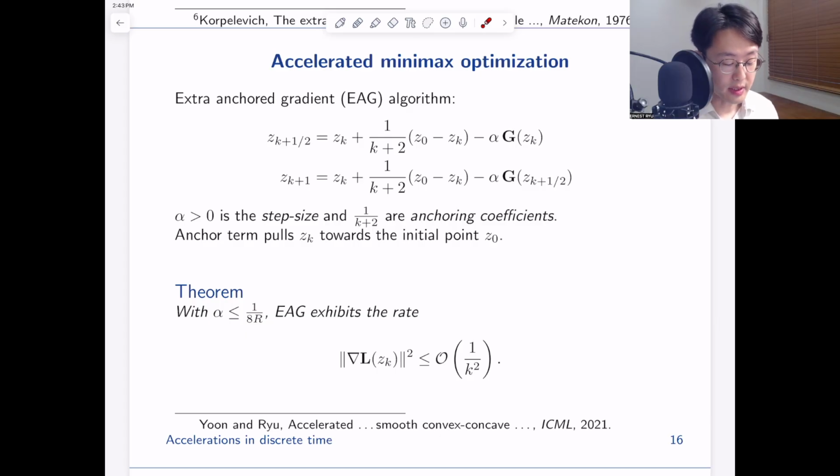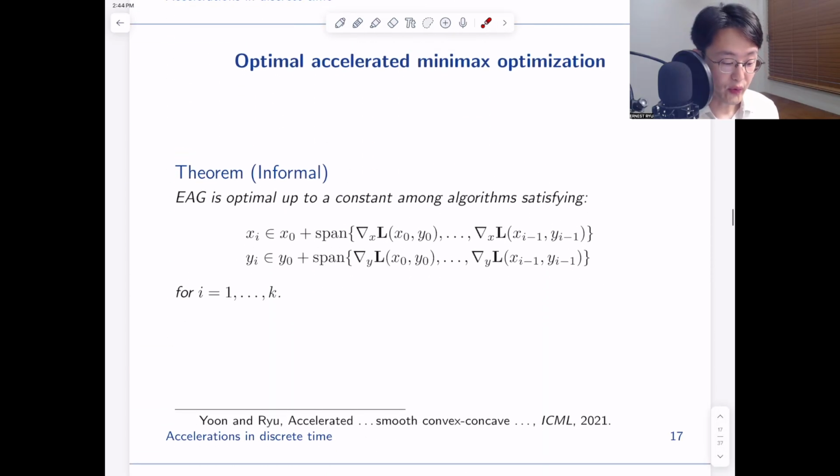So this is an accelerated algorithm, and EAG exhibits a 1 over k squared rate, which is faster than the prior rate of 1 over k. There's a complexity lower bound for EAG, and EAG is up to constant optimal.